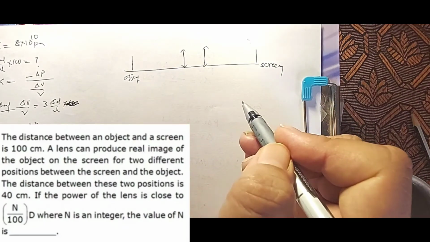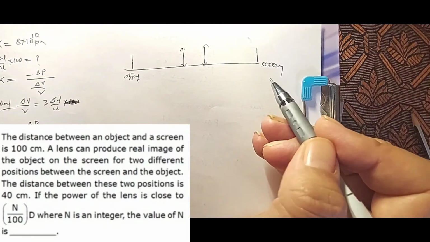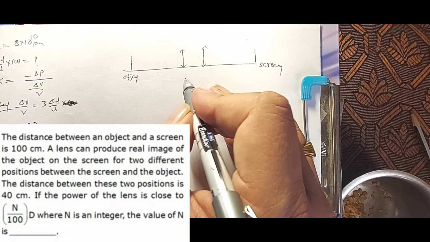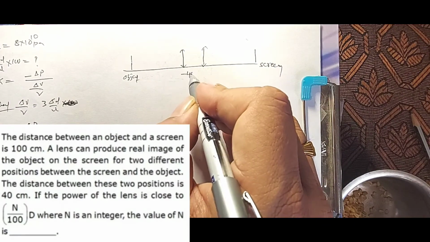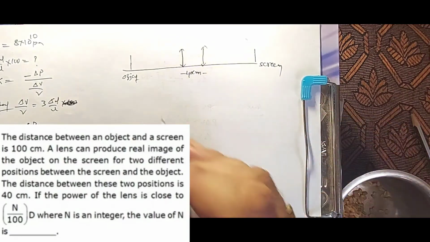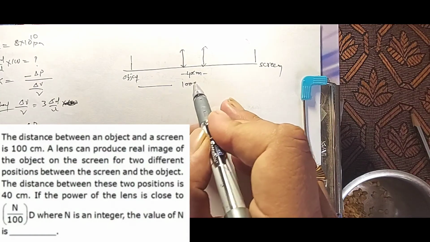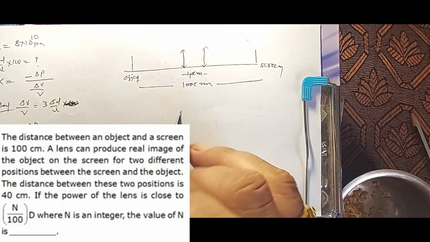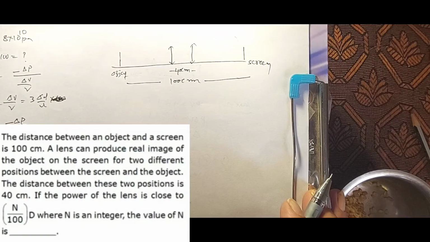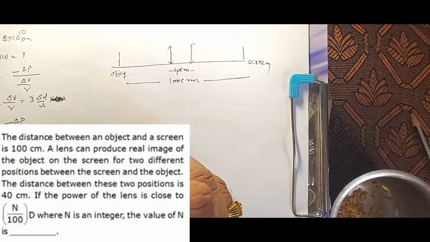At two different positions, the lens forms a real image on the screen. The distance between two positions of the lens is 40 centimeters. The distance between object and screen is 100 centimeters. Now, we want to find out what value of n.